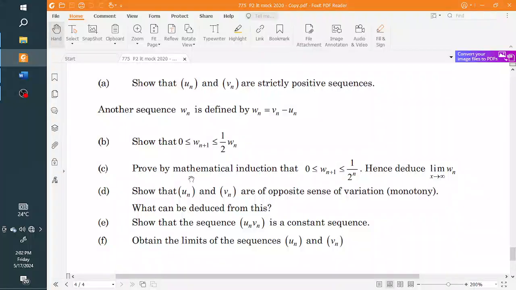Next question: prove by mathematical induction that Wn plus 1 is between 0 and half to the n.